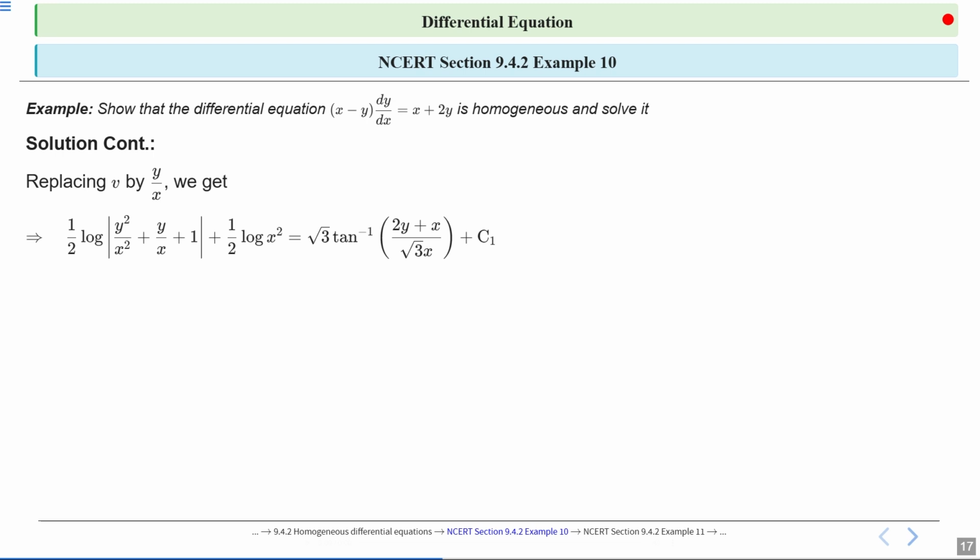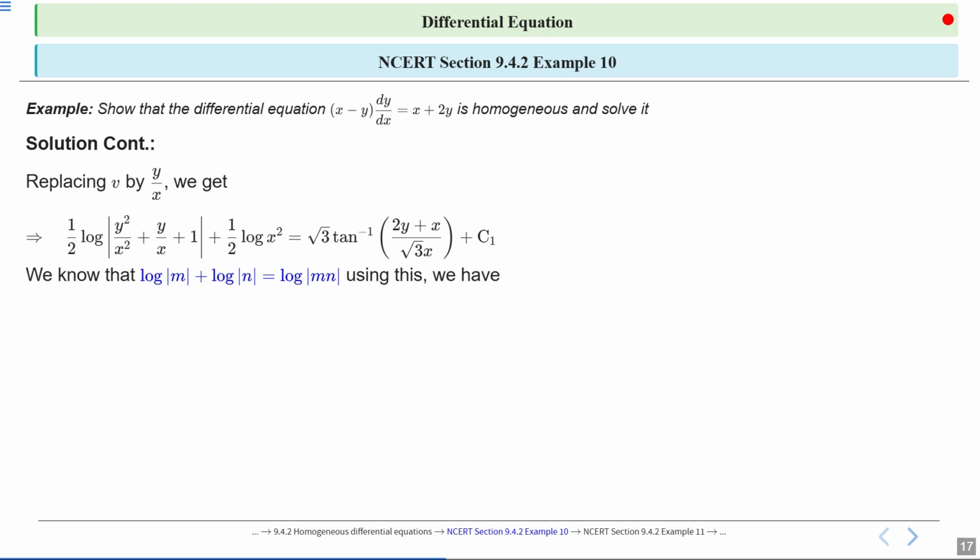And replacing v by y by x, we substitute v, because we want my solution in the original variable. We get 1 by 2 log (y square by x square plus y by x plus 1) plus 1 by 2 log x square is equal to root 3 tan inverse (2y plus x) by root 3 x plus c1.